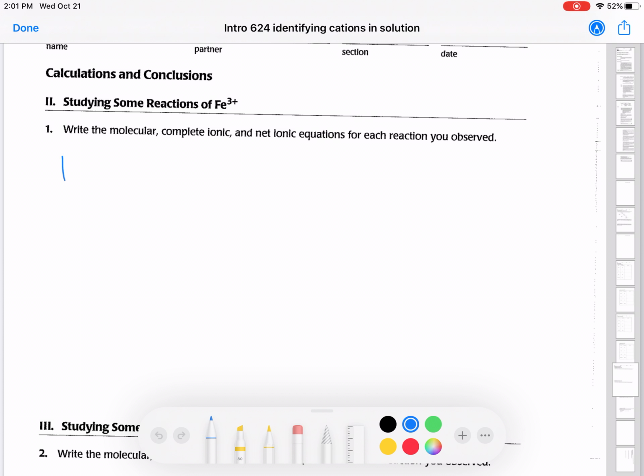So iron nitrate, Fe(NO3)3. When you add iron nitrate with potassium thiocyanate, KSCN, it's going to give you a complex, FeSCN nitrate, plus potassium nitrate.